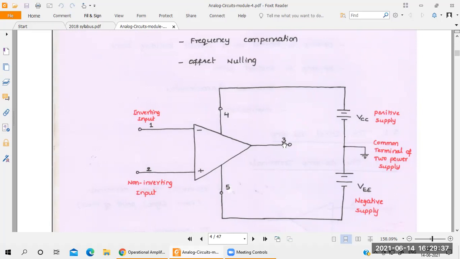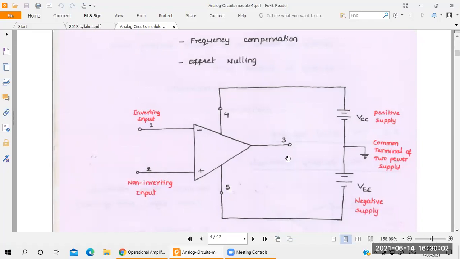For example, if you take a multimeter, it will show something like 0.005 volts or 0.5 volts, some unwanted voltage, even though no input is connected. That has to be removed.